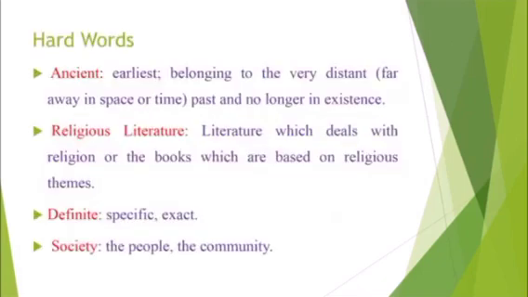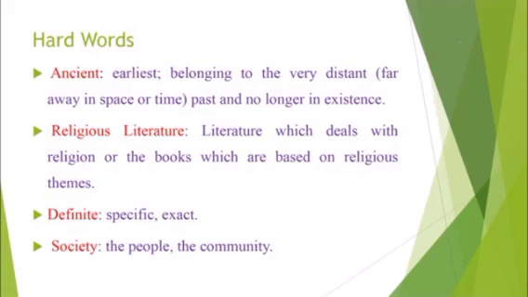Now, let's see some hard words. Ancient, religious literature, definite, society. Ancient means earliest. In other words, belonging to the very distant past and no longer in existence. Here, distant means far away in space or time.